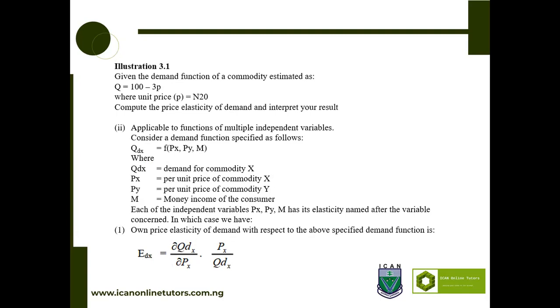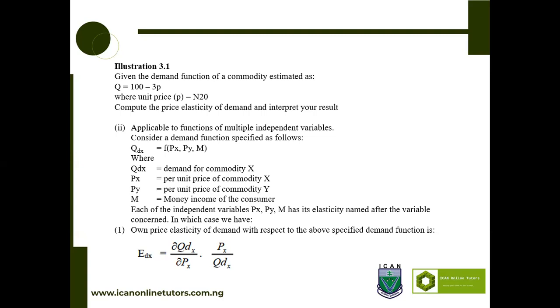This is a practical illustration in the change in price elasticity of demand. If we were given that the demand function of a commodity is estimated as Q equals 100 minus 3P, where Q represents the quantity demanded, and the unit price is 20 naira, compute the price elasticity of demand and interpret your results.